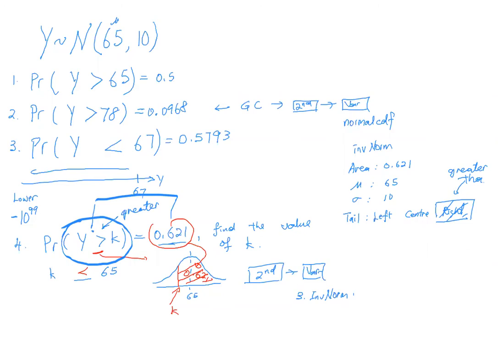Okay? Then you paste. Then you get the answer. Can I have the answer for K? 61.919. Okay, so done. So with this calculator, you just need to look at this sign.